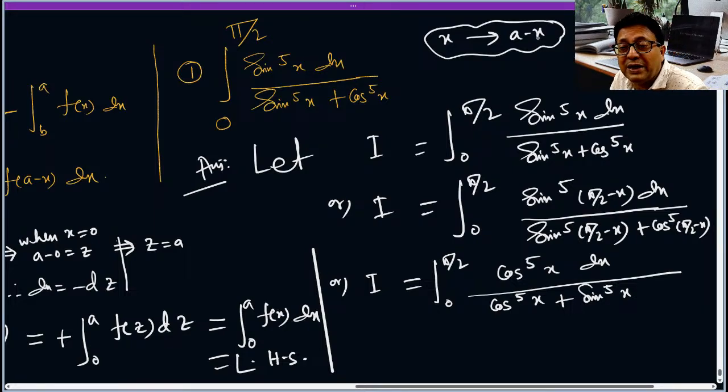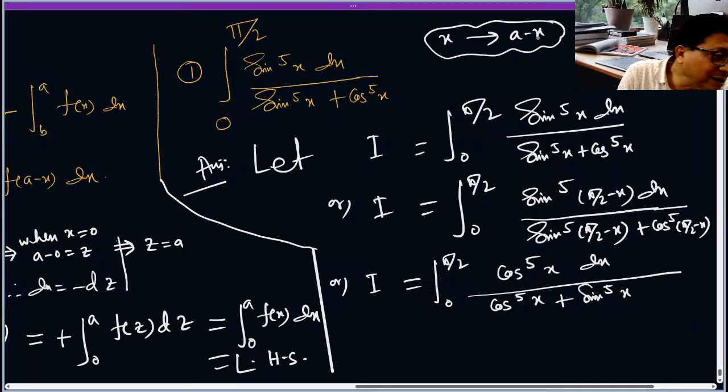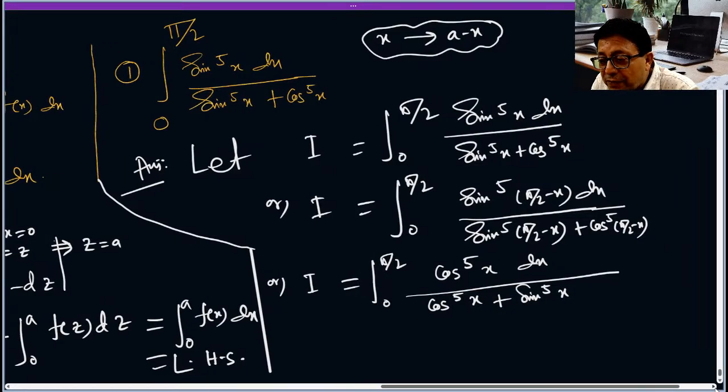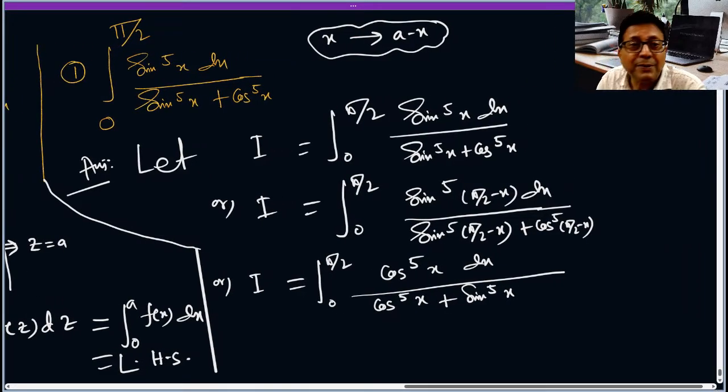It has become more complicated, or the same level of complication is there, because sine is just replaced by cos, isn't it? No advantage. The third property doesn't give us an advantageous position for solving the sum, isn't it? Yes. But the statement is not true.